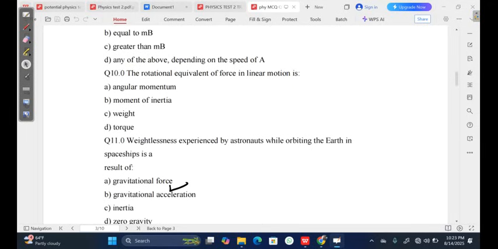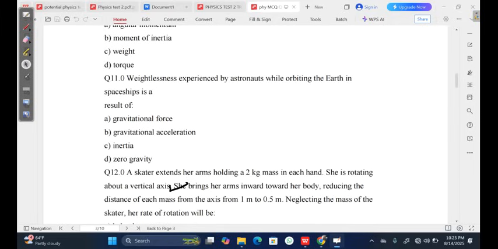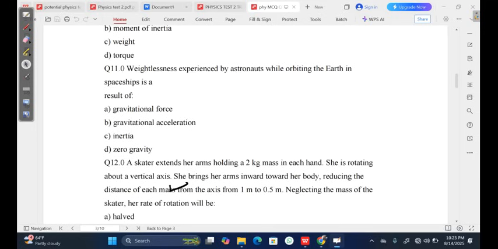Then another question here is question 11. Weightlessness experienced by an astronaut while orbiting the Earth in a spaceship is a result of. So initially, what we're talking about here is where this question comes from: rotational motion.